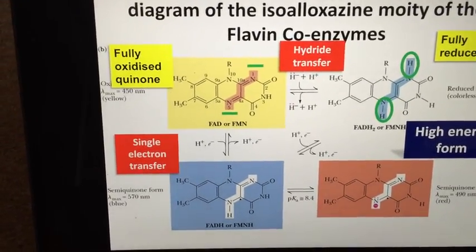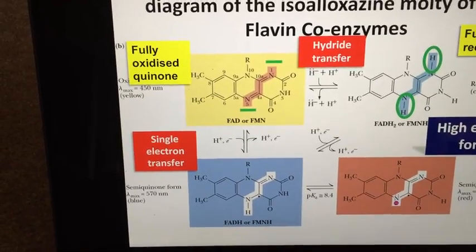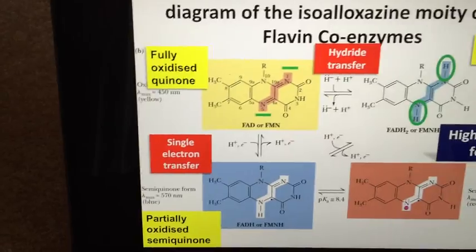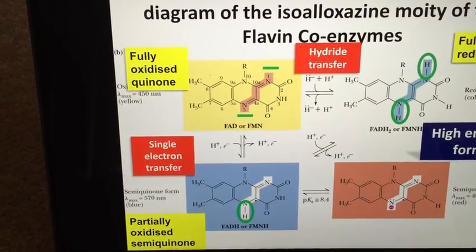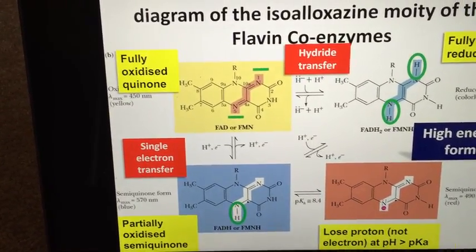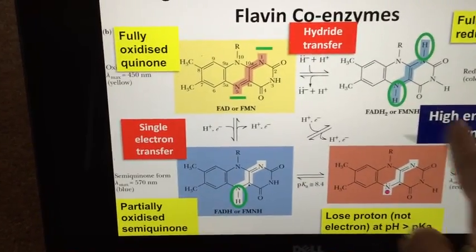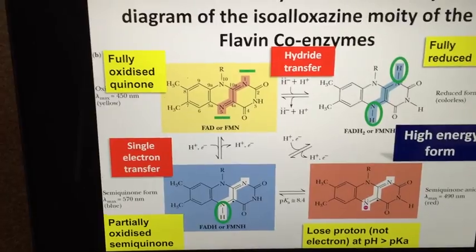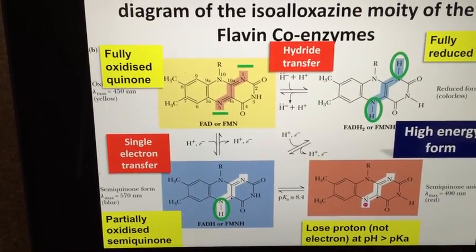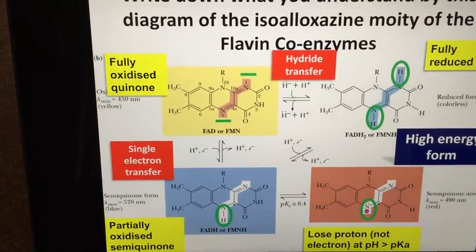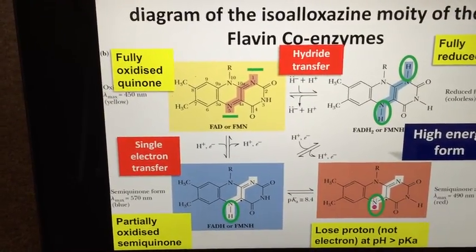As I said, you can also get single electron transfer reactions to form FADH, which is this partially oxidized semiquinone, where there's only 1 hydrogen attached. And it can also form a different form where it loses its proton, but it retains its single electron. This is at pH greater than the pKa to form this structure over here.